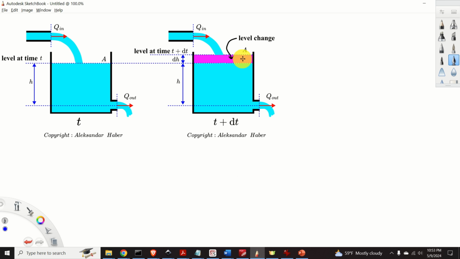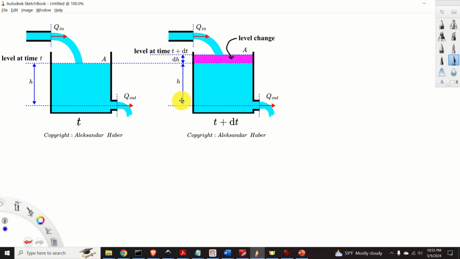This purple area over here is the fluid level change. During the infinitesimally small amount of time dt, the fluid level went from h to h plus dh. That is, it went from here to here.